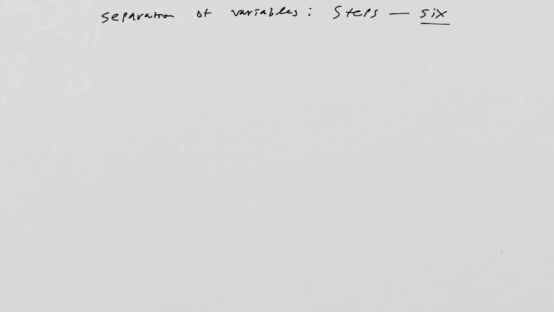We're just going to list off the steps, and we're going to solve a particular PDE, which is that heat equation, with the boundary conditions, which are just going to be 0 temperature boundary conditions.